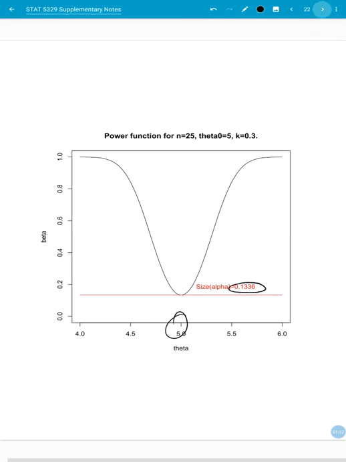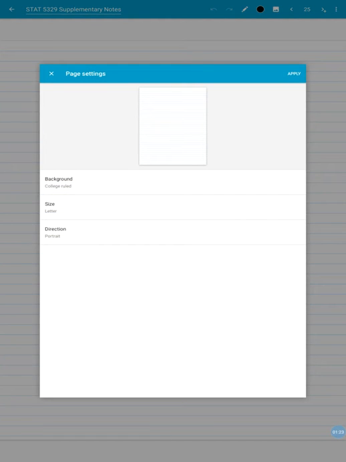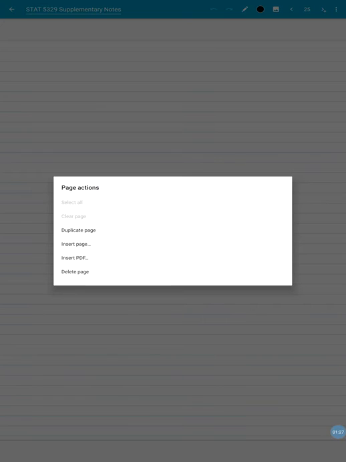So let's go forward, past my notes, and insert that particular plot with alpha equal 0.05. So let's insert the PDF.